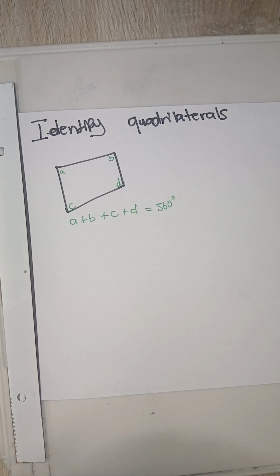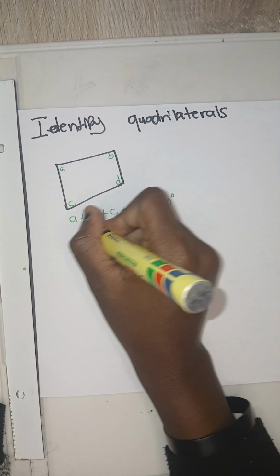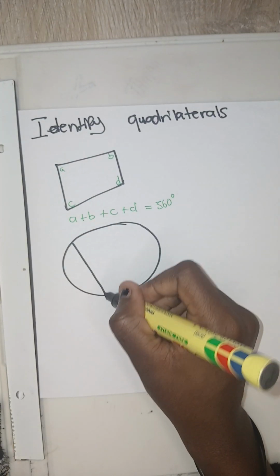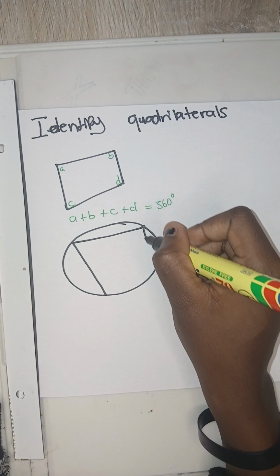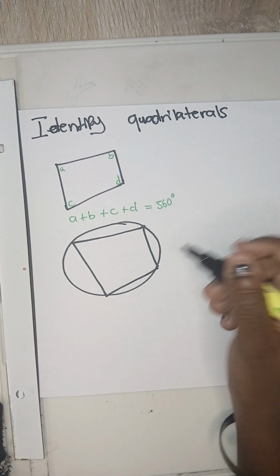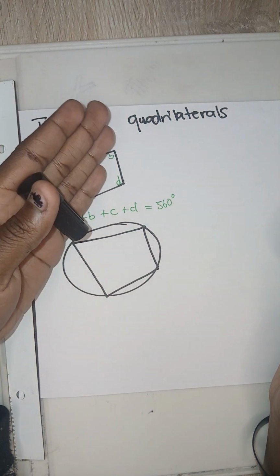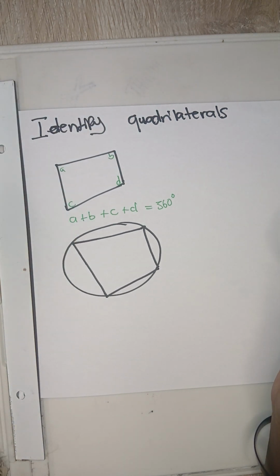And as we go further, we will do a cyclic quad. Let me show you this. A cyclic quad is when the quadrilateral is inside the circle.